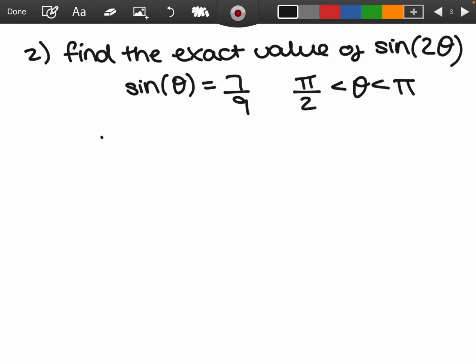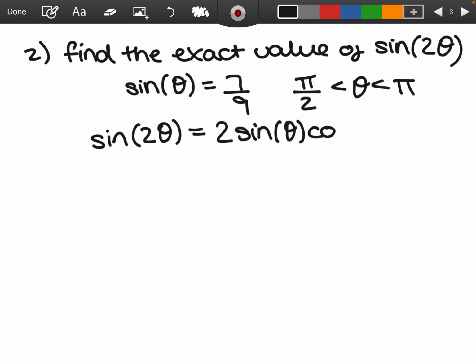Now, same idea again. I know that sine of 2 theta is equal to 2 sine theta cosine theta. I have sine of theta, I don't yet have cosine of theta. So I need to go ahead and draw a triangle in order to figure out what cosine of theta might be.